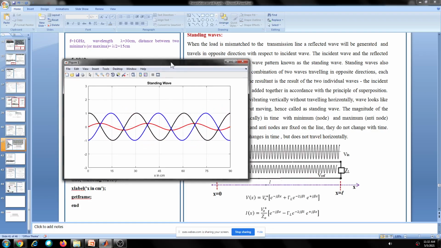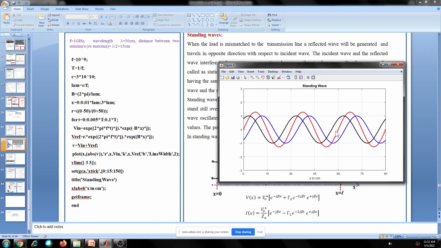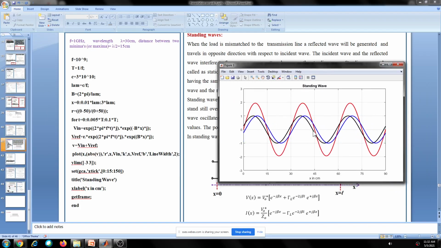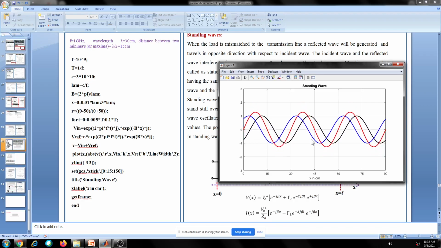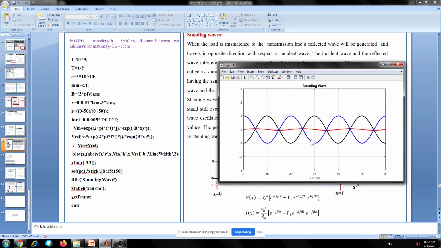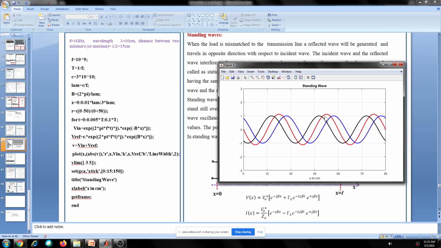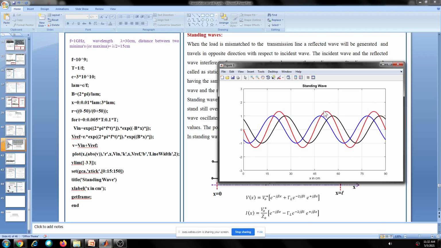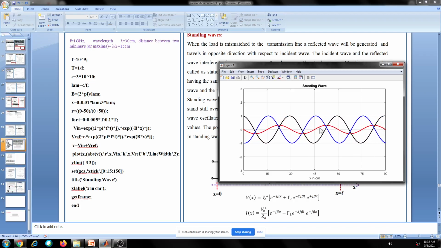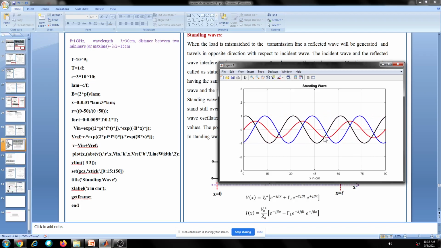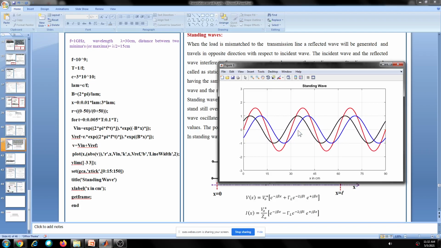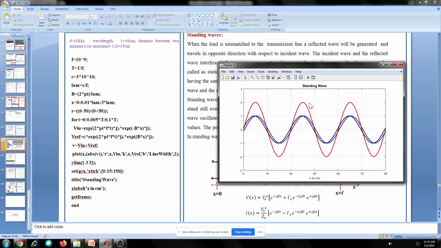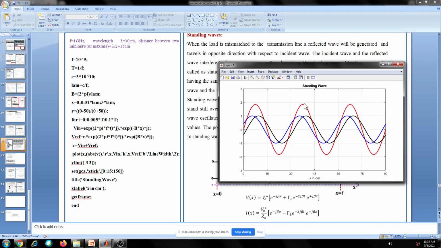Now if you take the magnitude of this at a particular instant of time, instead of the time variation, and draw the magnitude of this resultant wave, how does it look?